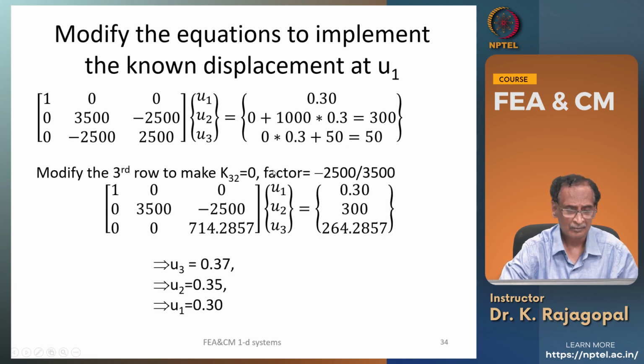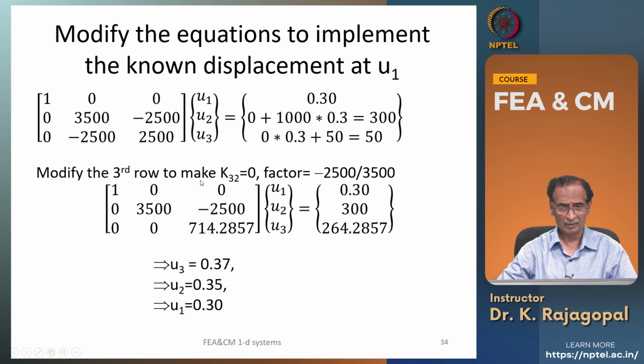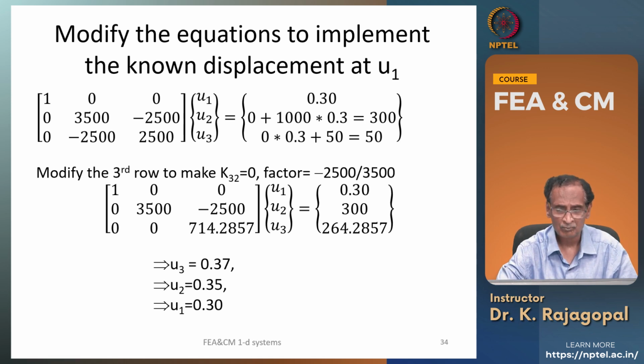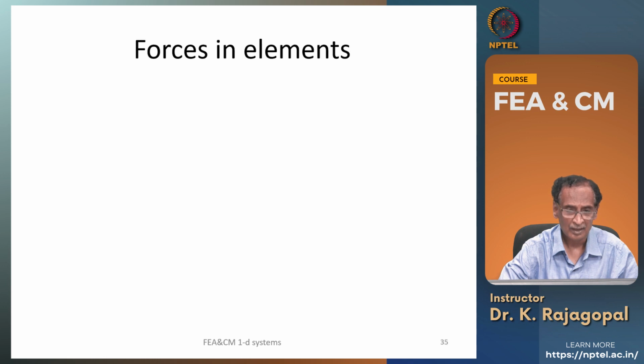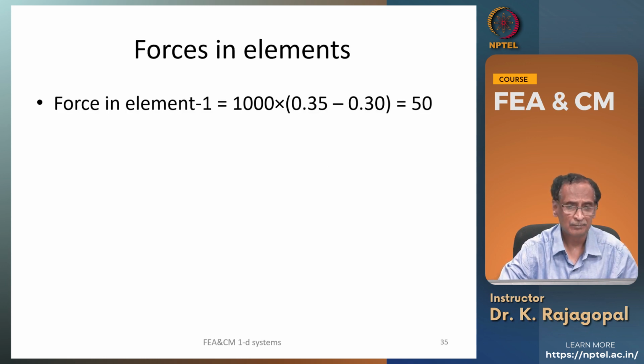Okay. And we can solve this by converting this to an upper triangular matrix, and we get U3 as 0.37, U2 is 0.35, and U1 is 0.3. And that is what we wanted. U1 is fixed as 0.3, and the force in element 1 is 1000 times U2 minus U1.